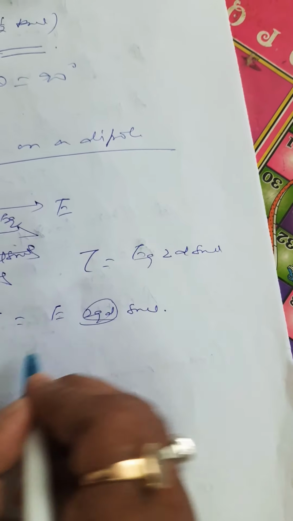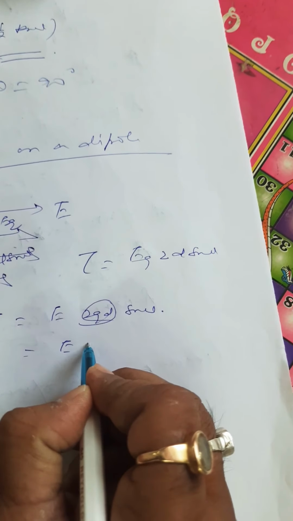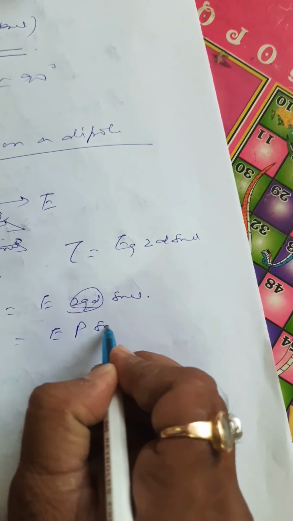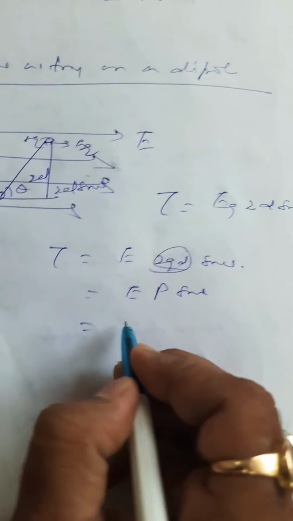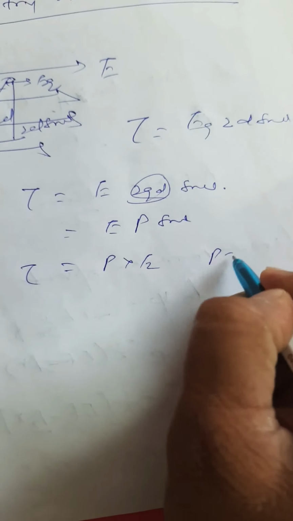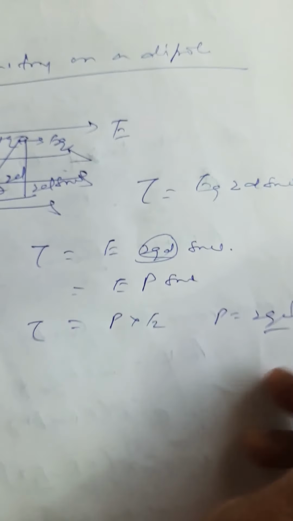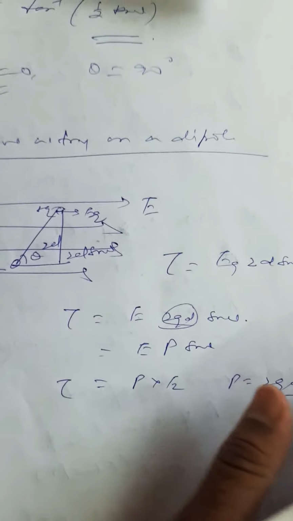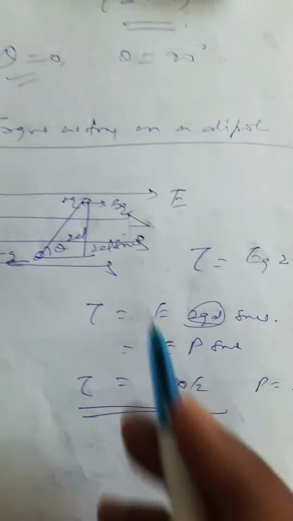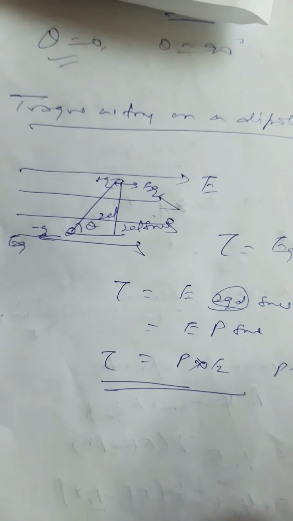So this 2qd is again P, so we have E P sine theta. So this could be written as P cross E, where P is equal to 2qd, the dipole moment. So this will be the torque acting on the dipole if it is placed in a uniform electric field.